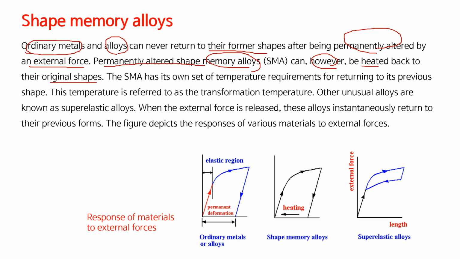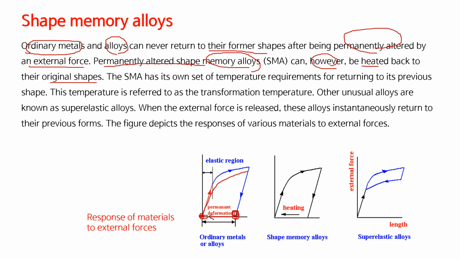So ordinary metals and alloys are permanently deformed by external force and never return to the original shape, even if we heat these alloys.